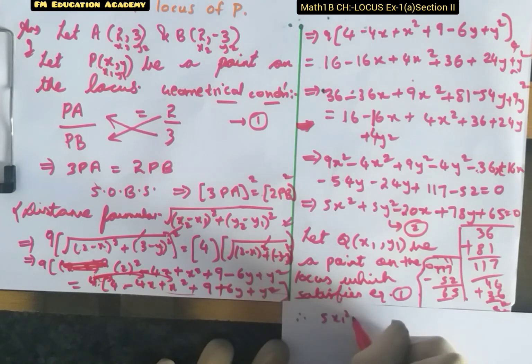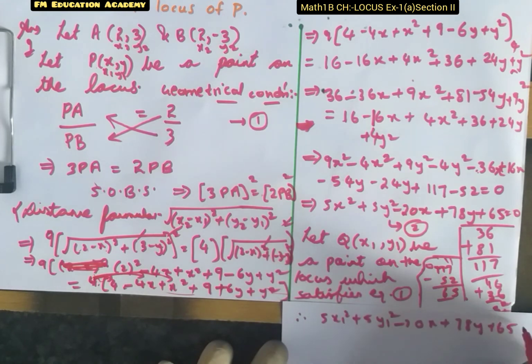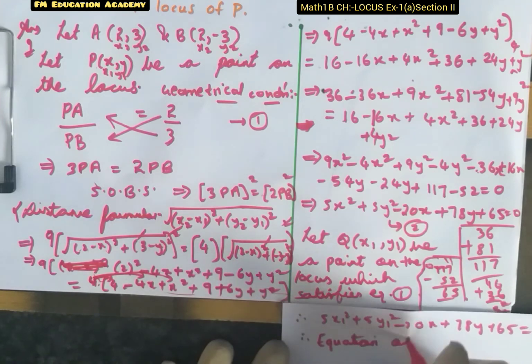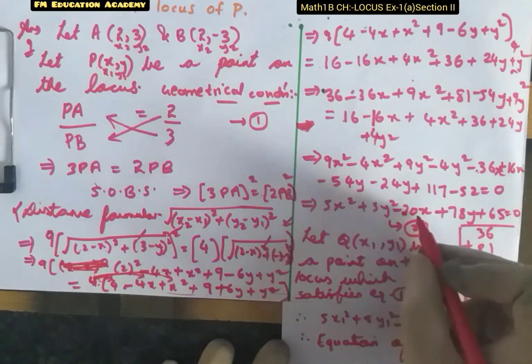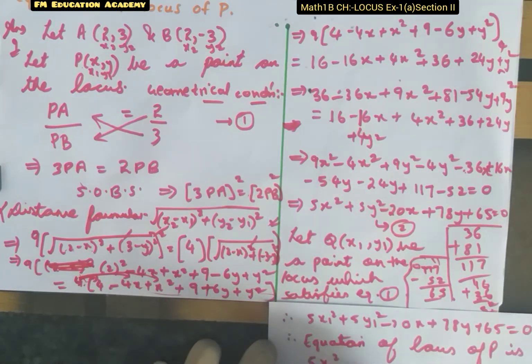Then 5x1 square plus 5y1 square minus 20x1 plus 78y1 plus 65 is equals to 0. Therefore the equation of locus of P is this equation 2: 5x square plus 5y square minus 20x plus 78y plus 65 is equals to 0.